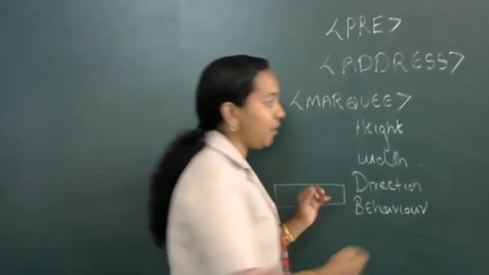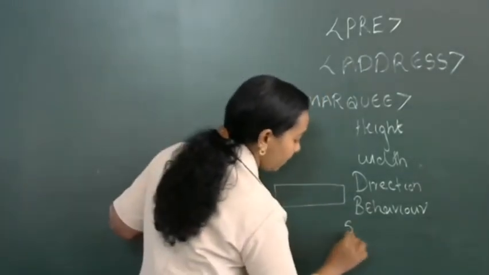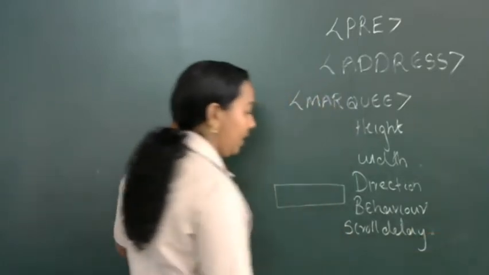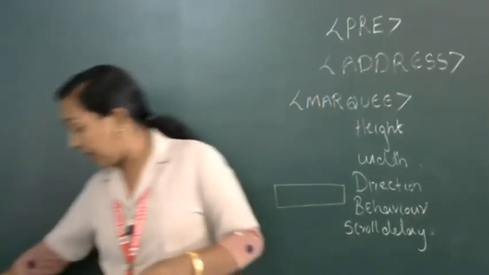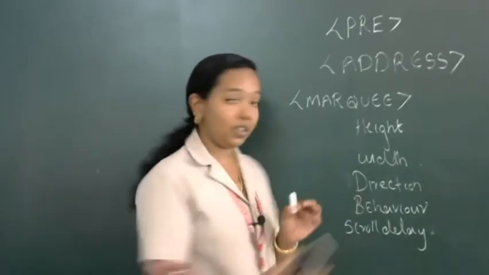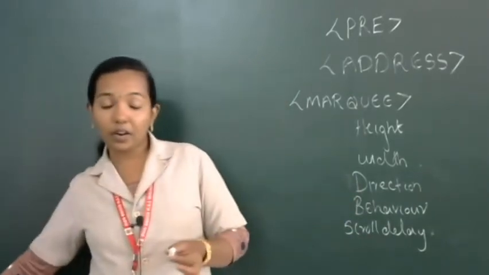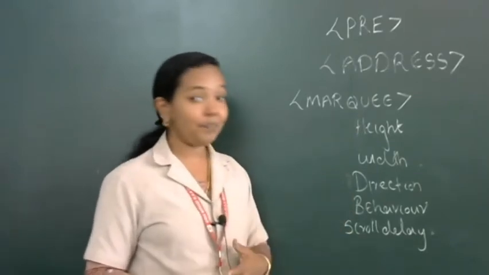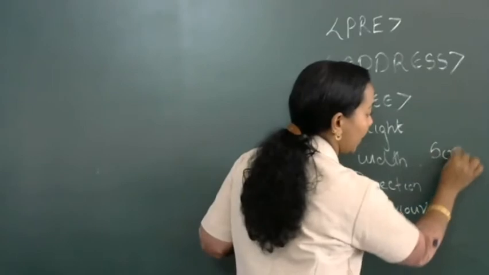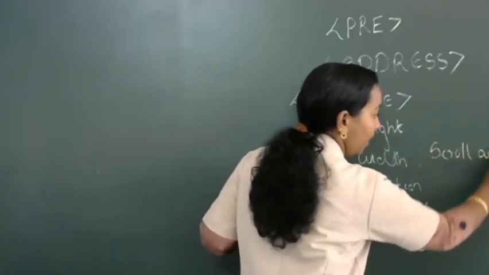After behavior, the next one is scroll delay. Scroll delay specifies the amount of time, the time limit for repeating the marquee. After scroll delay, the next one is scroll amount.